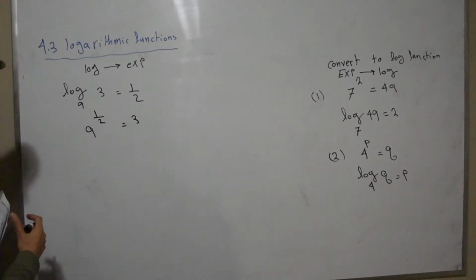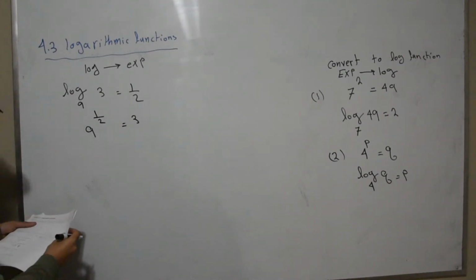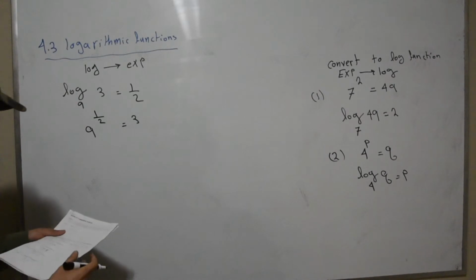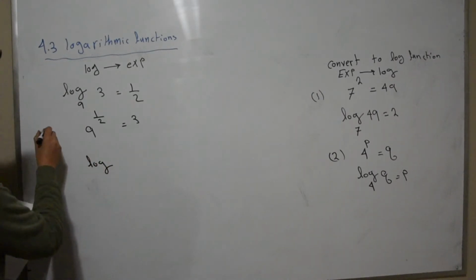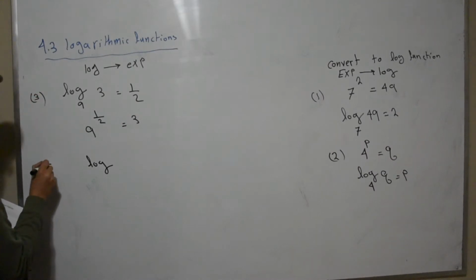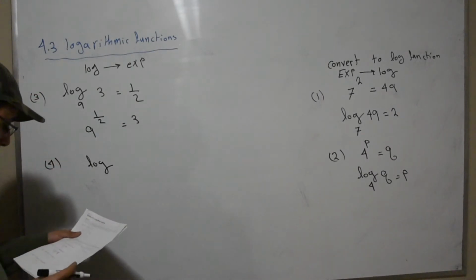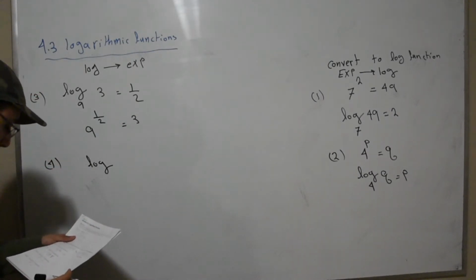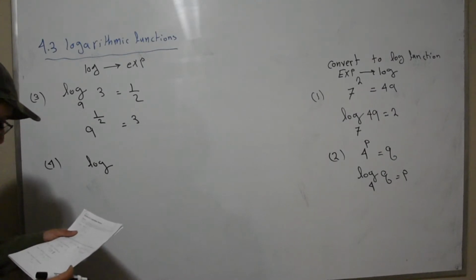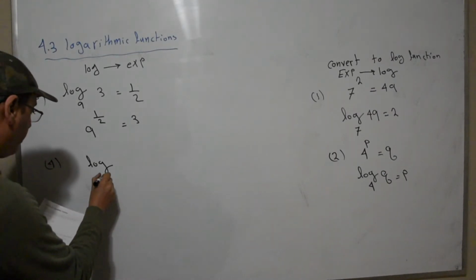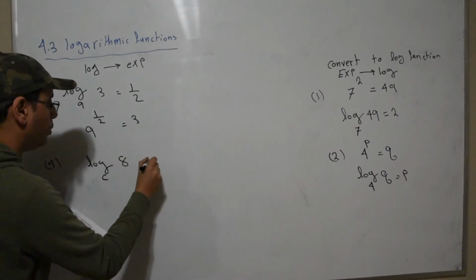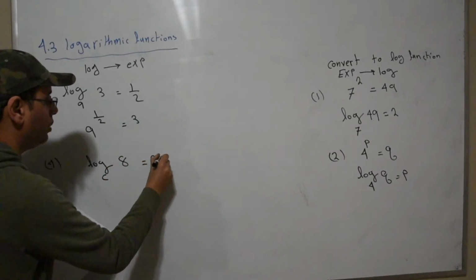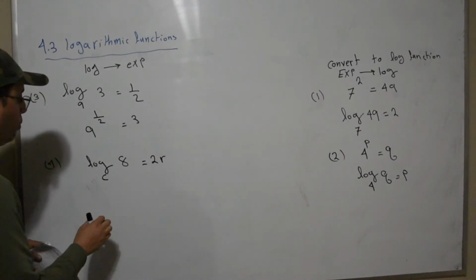Okay, let's get another example. Convert log also to exponential. This is example 4: log base c of 8 equals 2r. Again, what is the base?